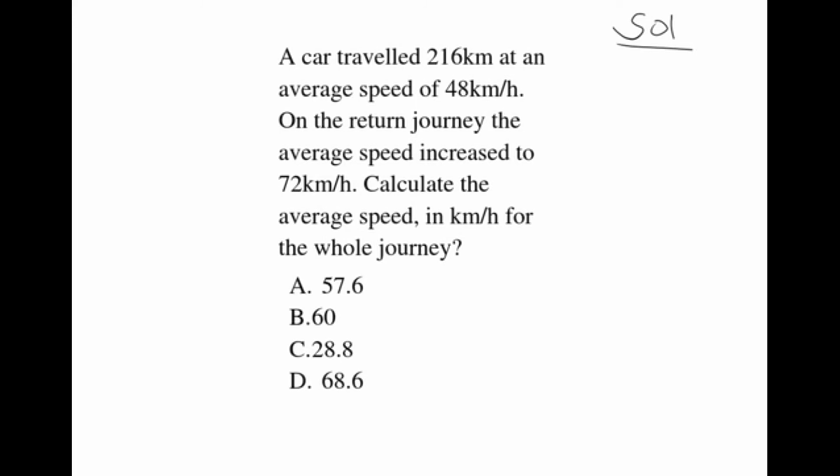Let us look at the time taken. The distance is 216. The average speed is 48. Time taken is distance divided by speed.